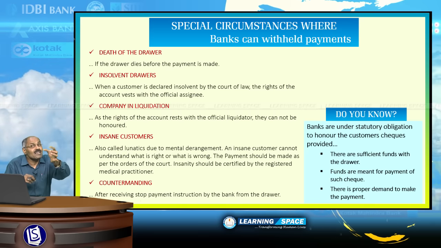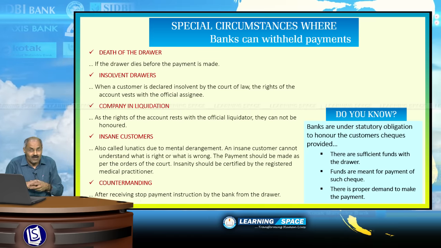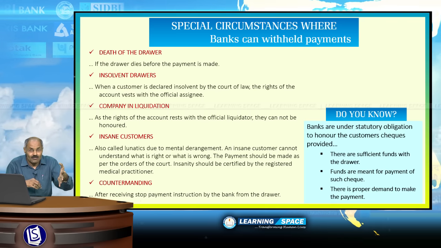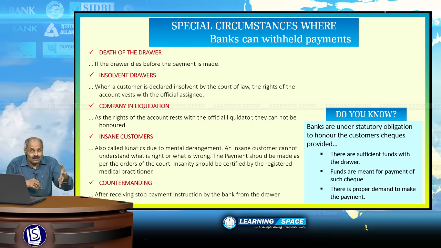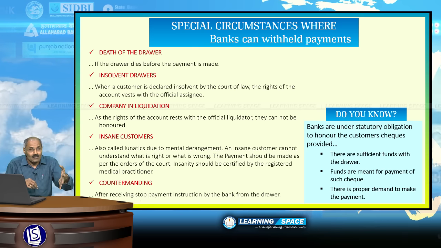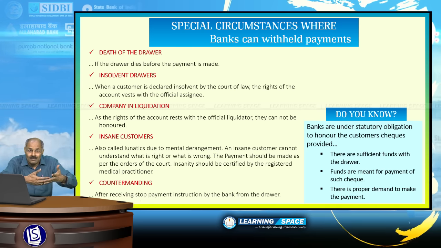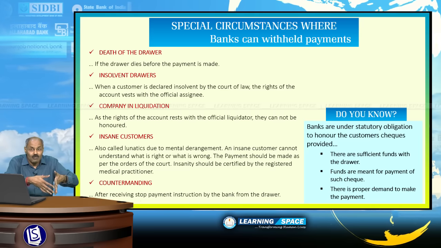Third is when the company is in liquidation. When the company is in liquidation, that means the company is not able to run properly and the court declared that the company is bankrupt, and an official liquidator was nominated.